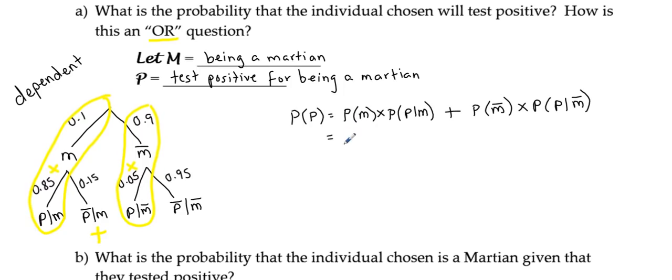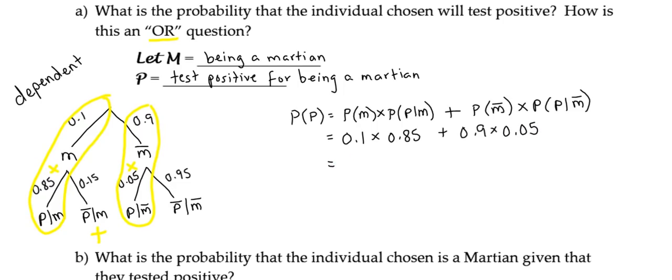So, probability of a Martian is 0.1. Probability of testing positive is 0.85. Or, probability of not being a Martian is 0.9. And the probability of testing positive even though you're not a Martian is 0.05.